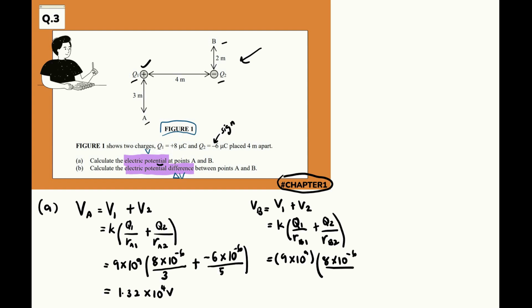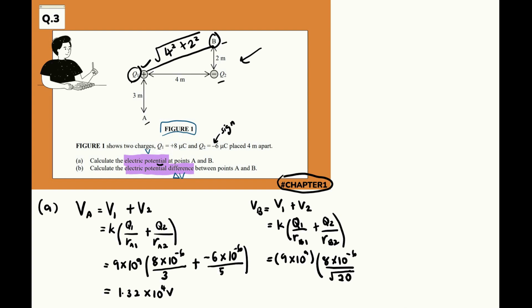This time our distance is a square root. We want to find the distance from charge number 1 to point B, so it's supposed to be square root of 4 squared plus 2 squared, which is equal to square root 20.